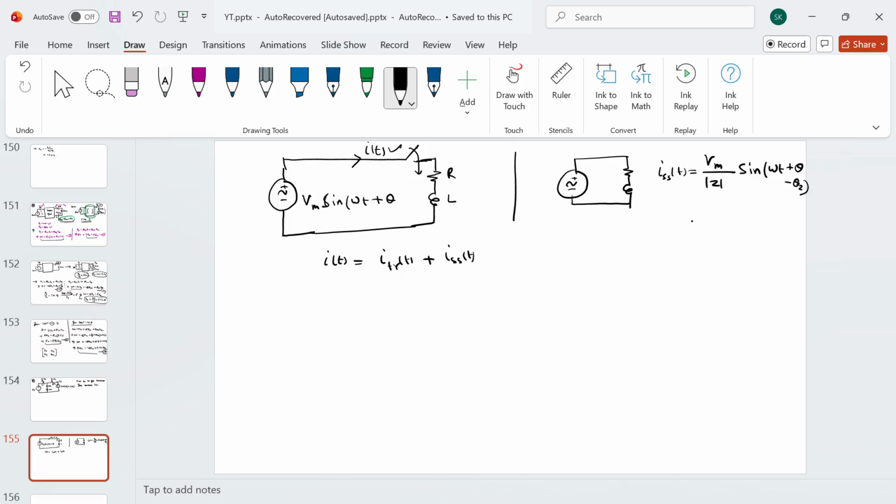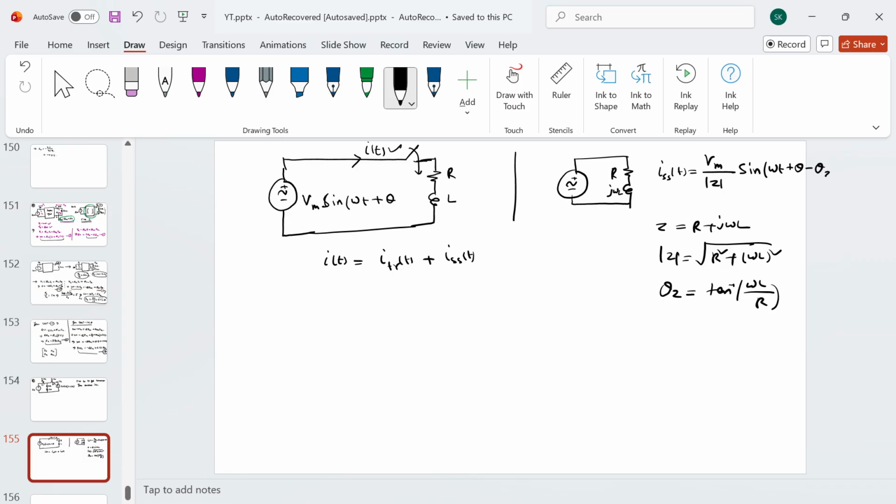Here Z is equal to R plus j omega L, mod Z is equal to the square root of R square plus omega L square, and theta Z is the impedance angle, tan inverse omega L by R. This relationship is valid at steady state only.